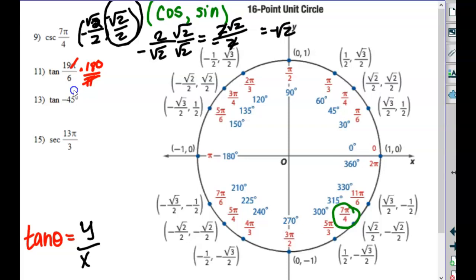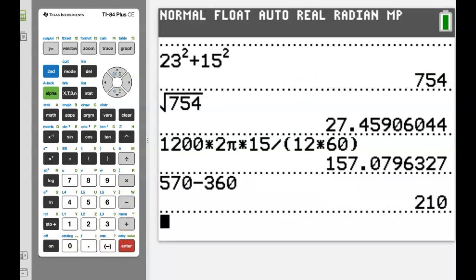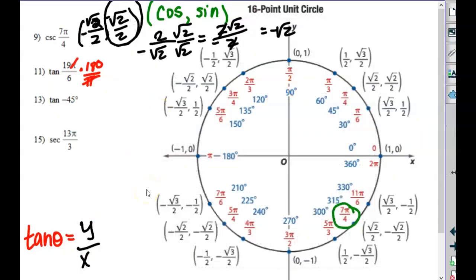And then what do you have to do to get it down to something that's on my unit circle? So this was 570. If I subtract 360, I'm down to 210.